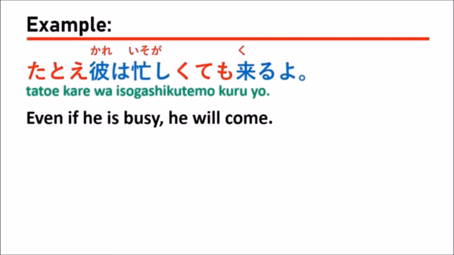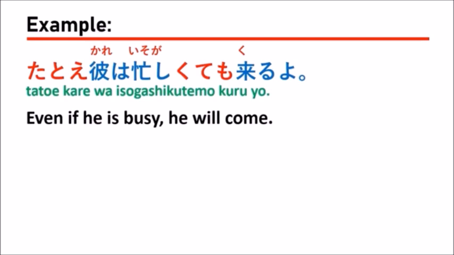In this sentence, you see that they use the adjective. Here, our adjective is isogashii, which means busy. But in this case, they cut out the i, so we just left isogashi.